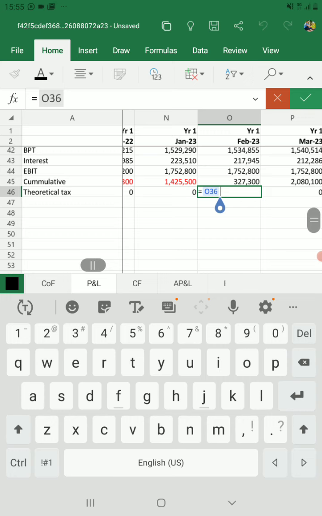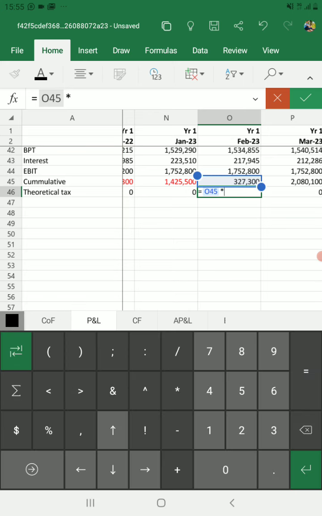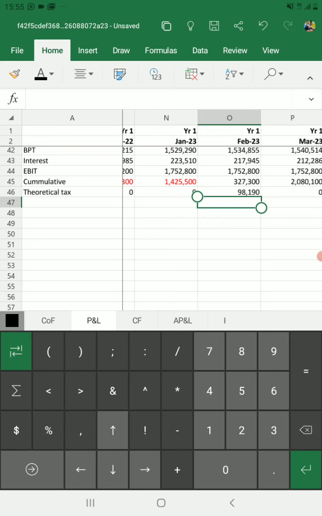So I put a formula here. Take this remaining figure, and then multiply by 30%, which is the tax rate, to get the tax for February.